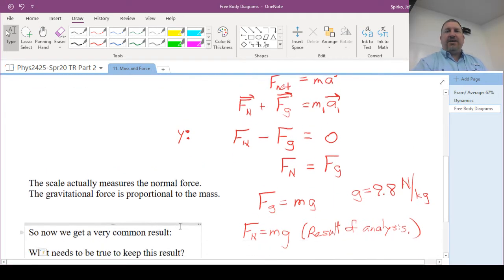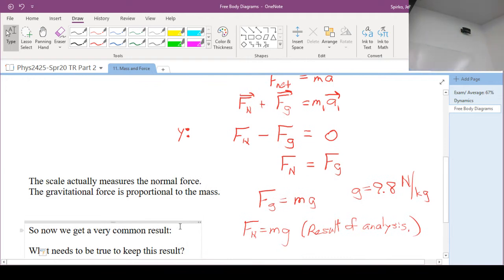How did I get from generic equation to here? What's one of the things I did along the way? That there is a normal force. Okay, that's one I hadn't thought of. I'm still on that one.